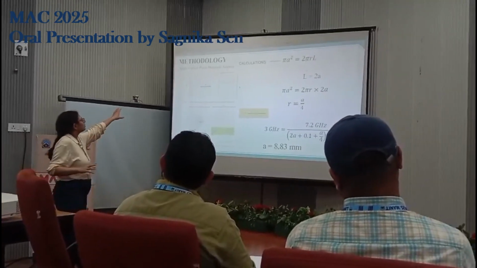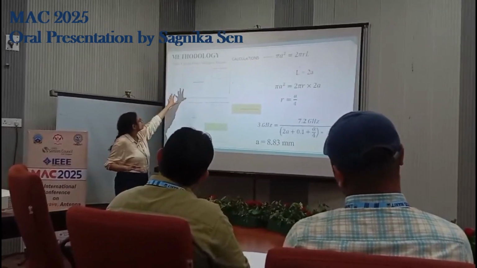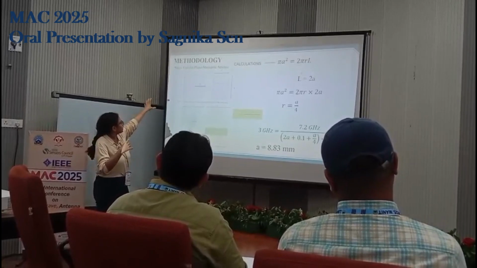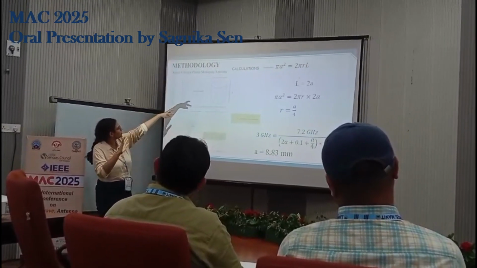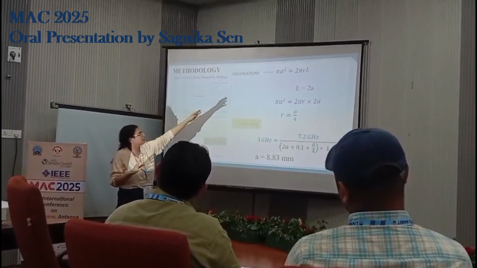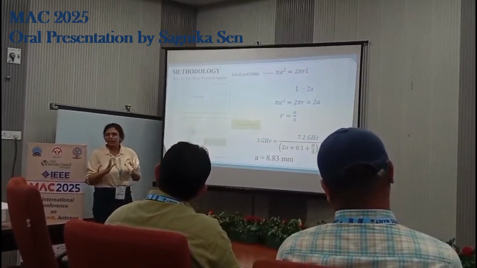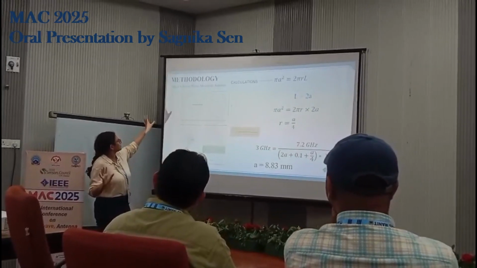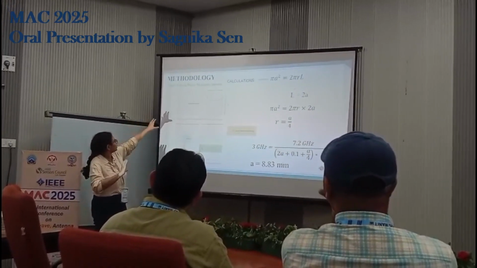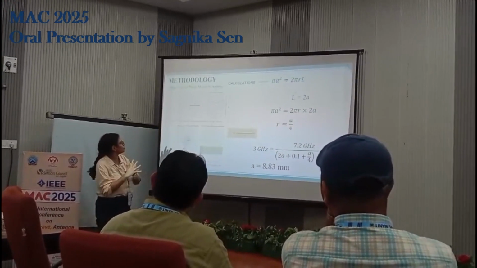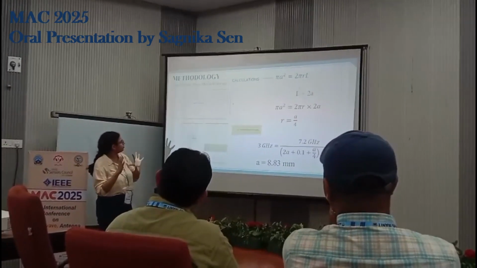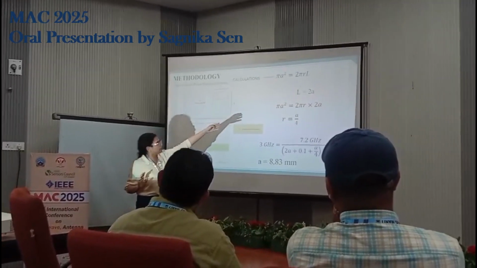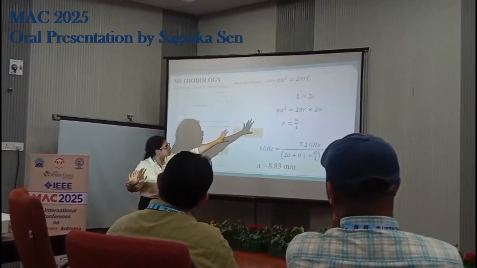In this case, I've taken the radius of my radiating patch to be A, and I equated the surface area such that pi a square is equal to 2 pi r l, because 2 pi r l is the surface area of the cylinder. And then, because I needed the height to be the same, I took L to be the diameter of the radiating patch. L is the height of the cylinder, by the way. So L was equal to 2a.